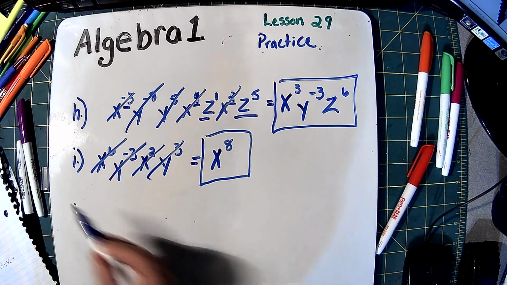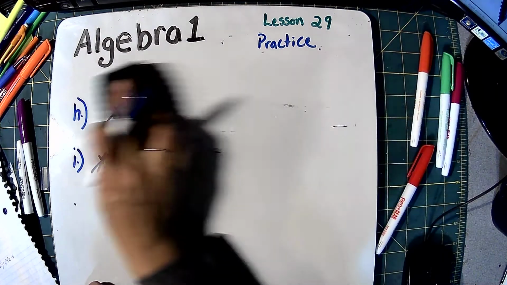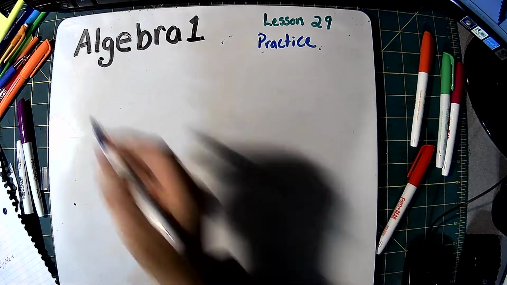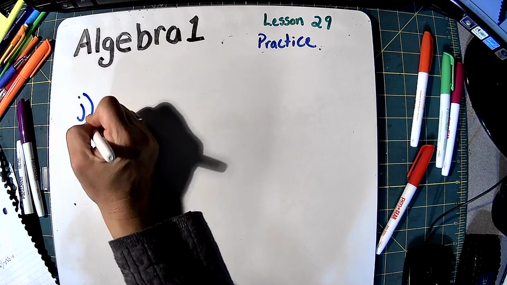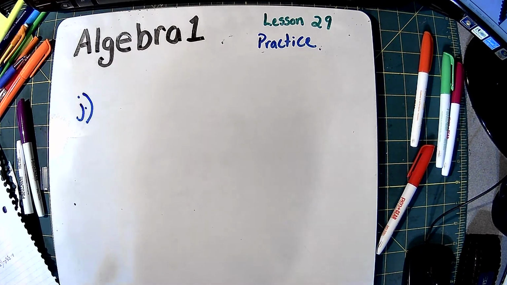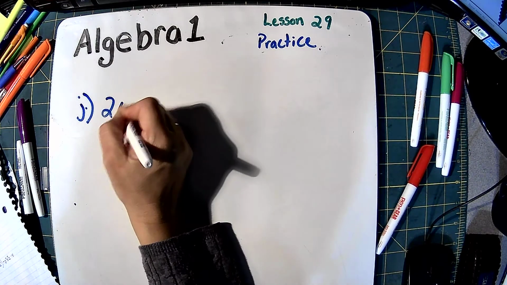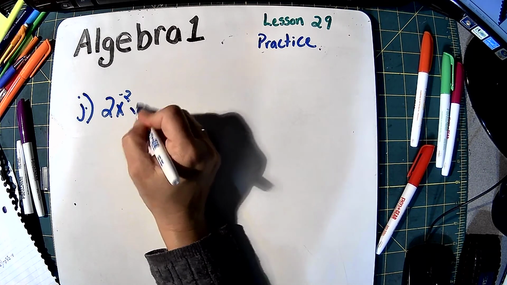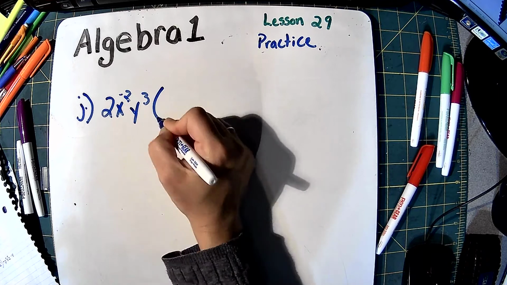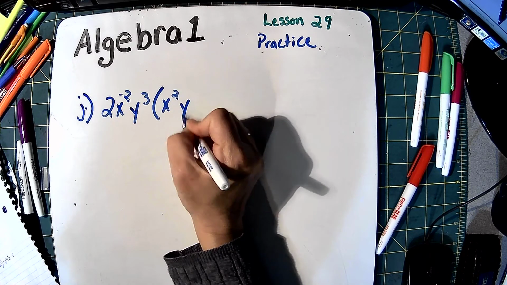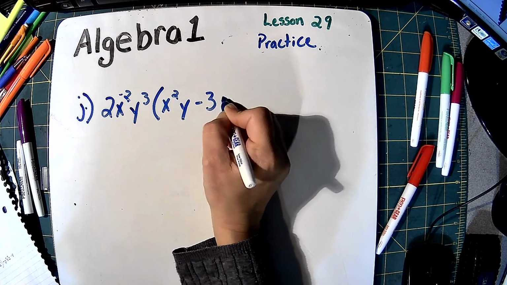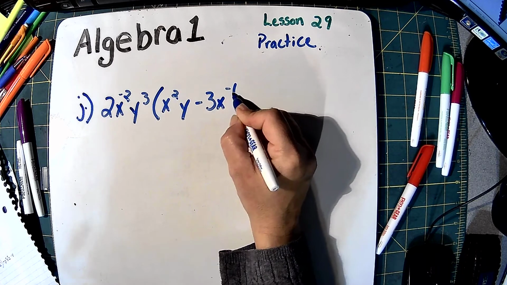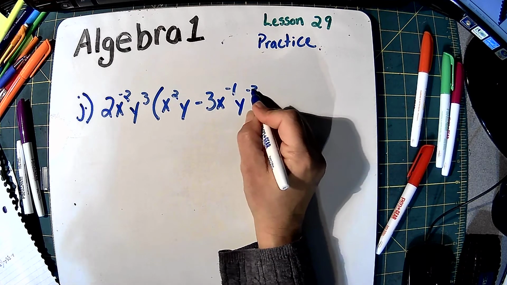And the last one, J, I'm going to erase these so we have more room. J is 2x to the negative 2, y to the 3rd times x squared y minus 3x to the negative 1, y to the negative 3.